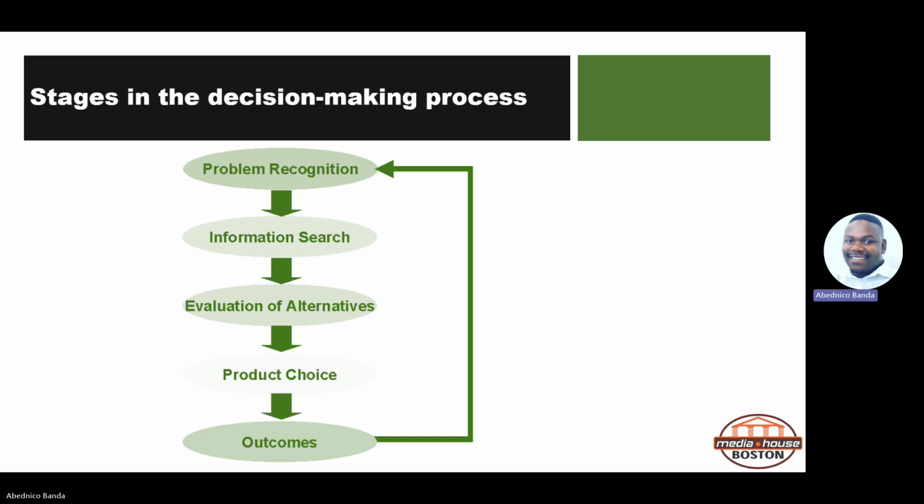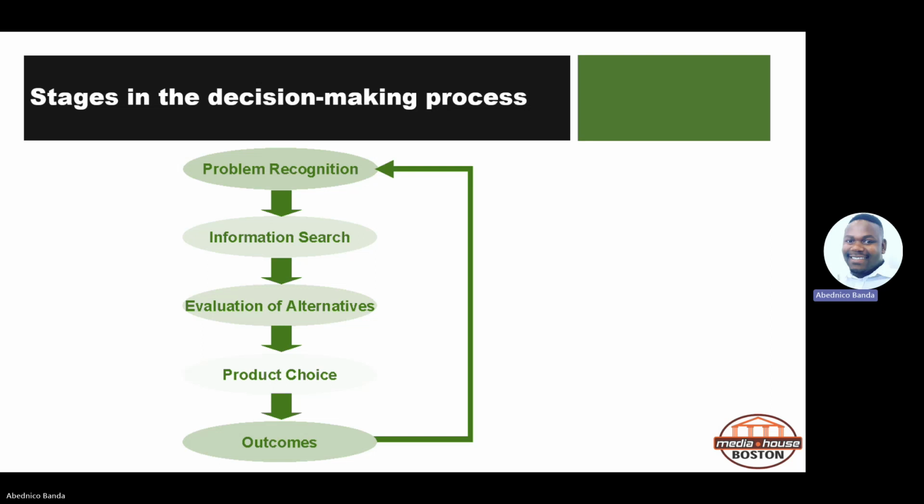Then you go to information search. Once you know the problem, you then start looking for information, whether whatever that you have in mind is going to satisfy that problem, is going to be a solution to that problem. So you have information at your disposal.